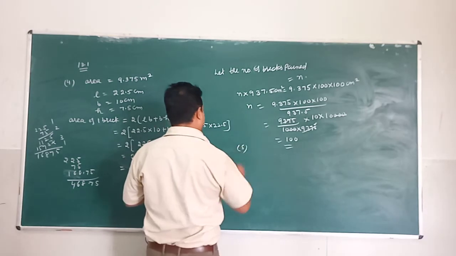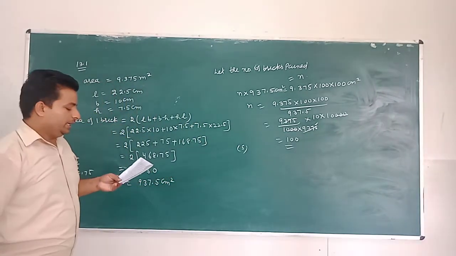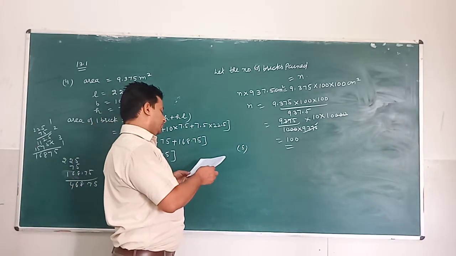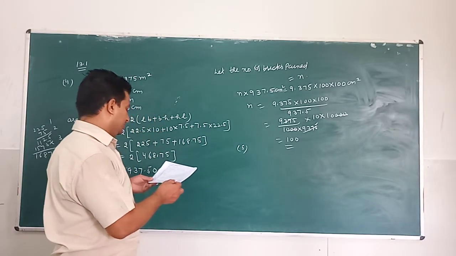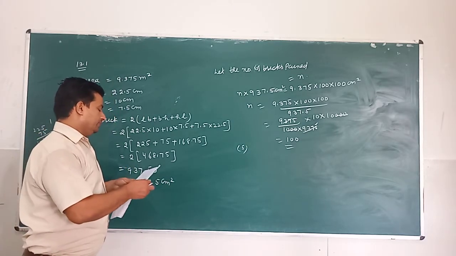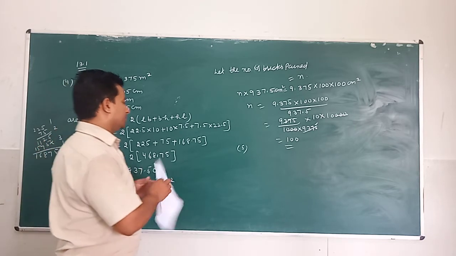In question number 5, the statement is: a cubical box has an edge of 10 centimeter and another cubical box is 12.5 centimeter long, 10 centimeter wide and 8 centimeter high. Which box has the greater lateral surface area?